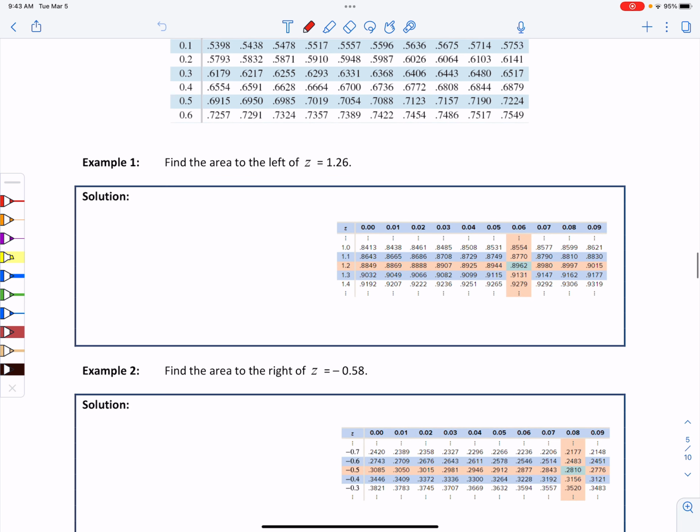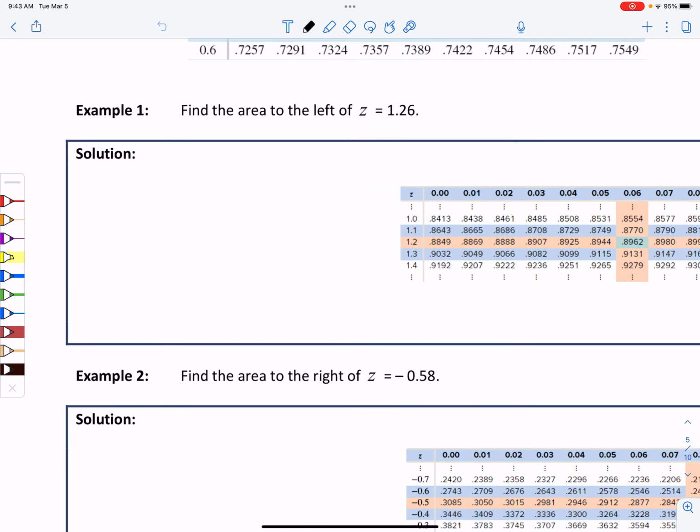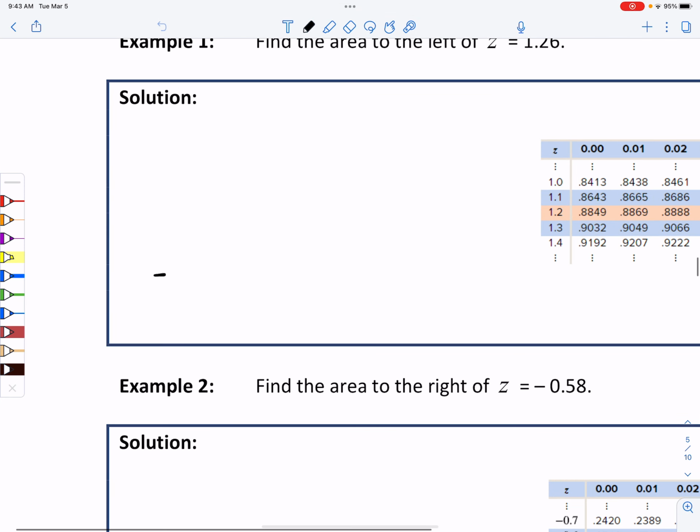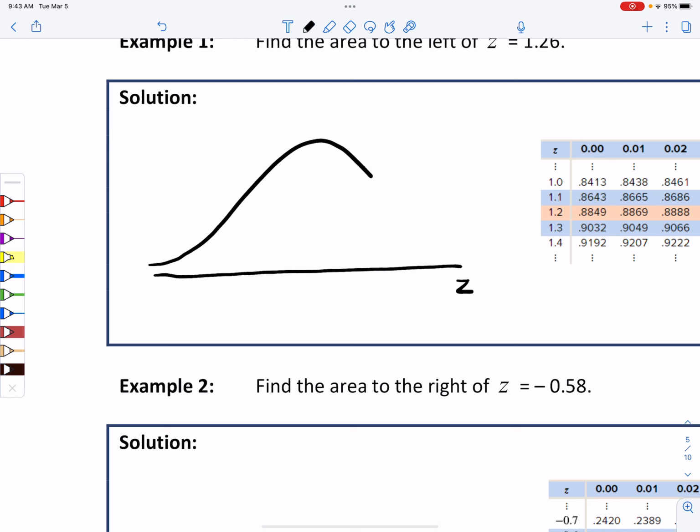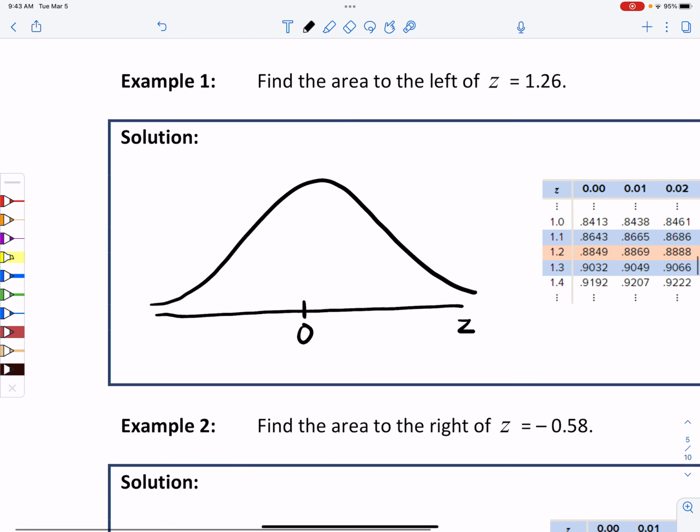All right, so example 1, find the area to the left for a z-score of 1.26. Now I like to sketch mine out just to make sure that I'm clear on what I'm finding. So if I wanted to look at the graph here, I would just do a basic bell-shaped curve, label it z, 0 at the center because that is our mean, and then the z-score that I want to look at here is 1.26.